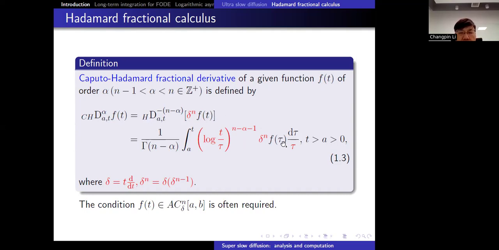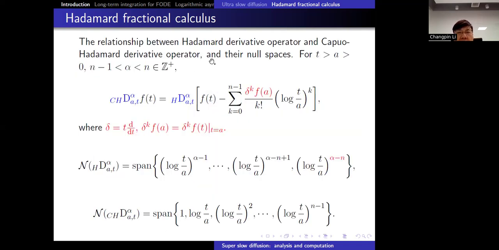Here you can see this is the delta. Here is tau d over d tau. We also require f of t in this space. But these two kinds of derivatives are not equivalent.